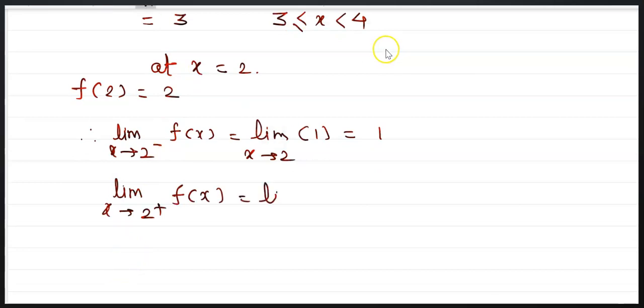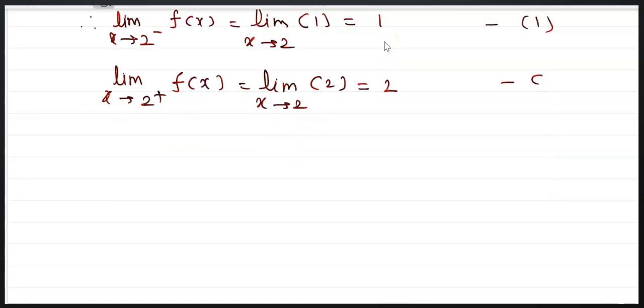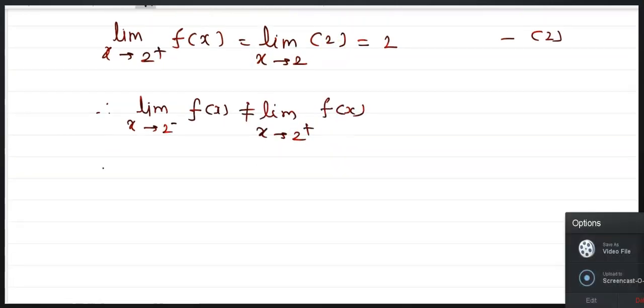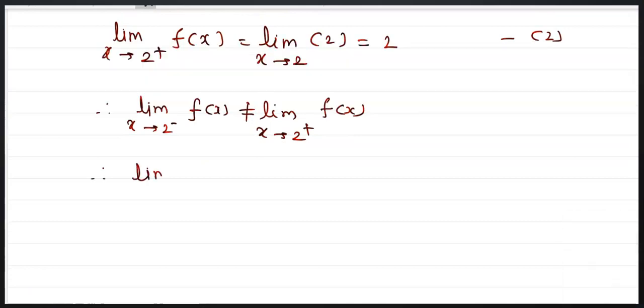I had also explained this type in continuity. That is, 1 is not equal to 2, and therefore the left hand side limit is not equal to the right hand side limit. Therefore the limit does not exist, and hence the given function is not continuous at x equals 2.